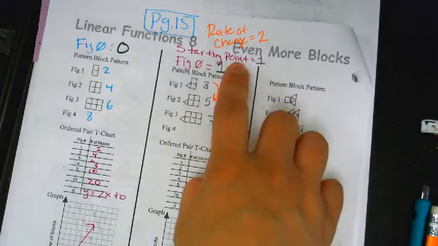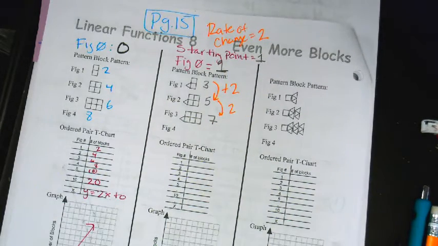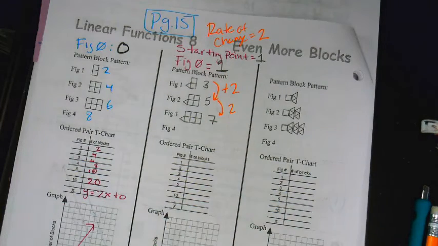Given these 2 pieces of information, you can now substitute. Your formula will always be y equals rate of change x plus starting point.